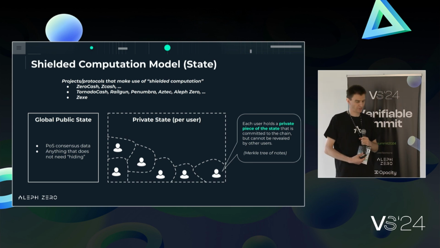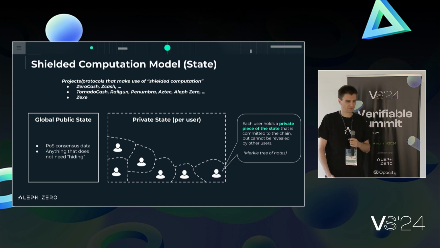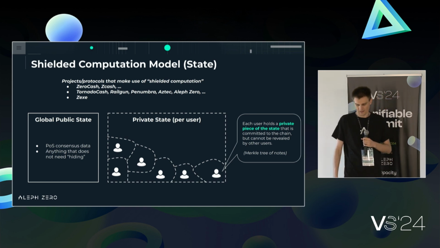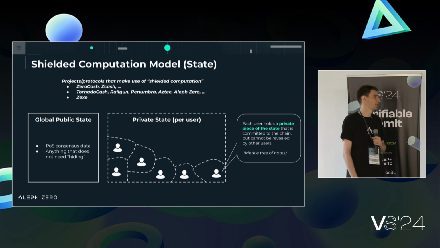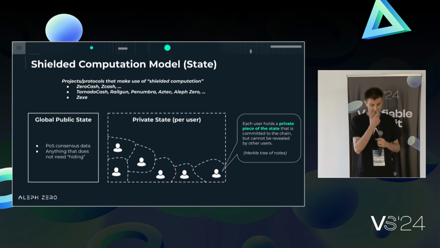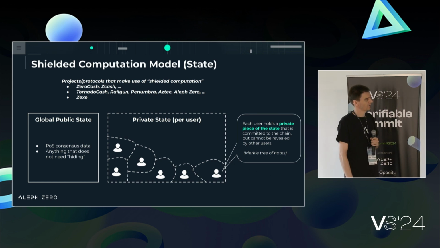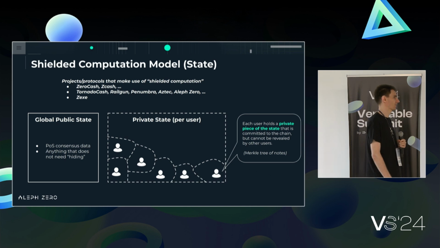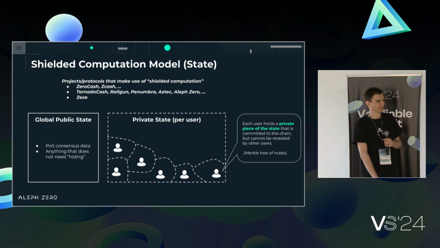Then Zcash was built upon that. This was very early on. But then many protocols joined. And this is a long list of what happened, including Aleph Zero, of course. And the last protocol that I mentioned, ZKP, is some kind of a generalization of that. But it also kind of fits the model that I will be explaining here.